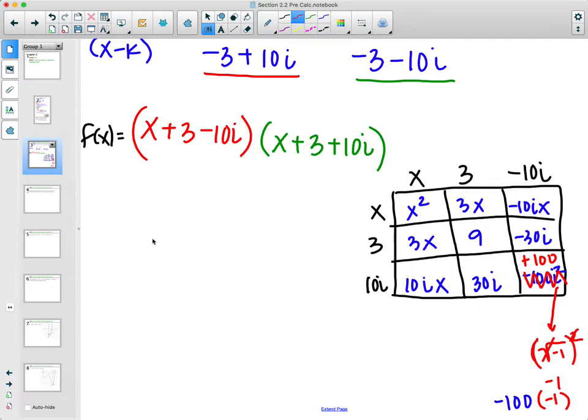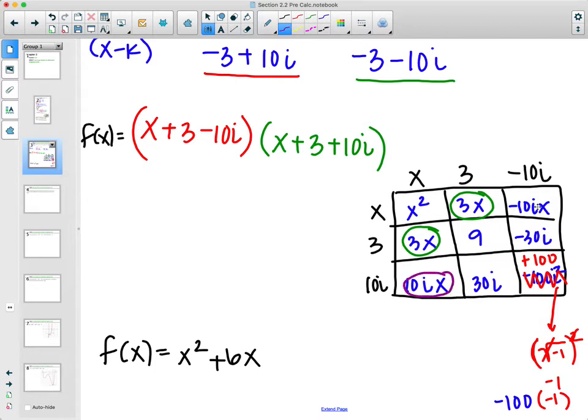So now we'll go ahead and pull out our like terms, combine them, and get our standard form of this polynomial. So we have this x squared term. Now we've got this x, it's just the 3x and the 3x that are like terms. So that's 6x, because they have to have the same real, imaginary, and variable parts. So this negative 10ix and 10ix, they both have an i and an x part.